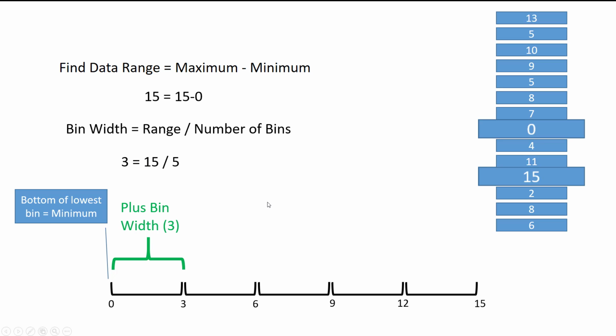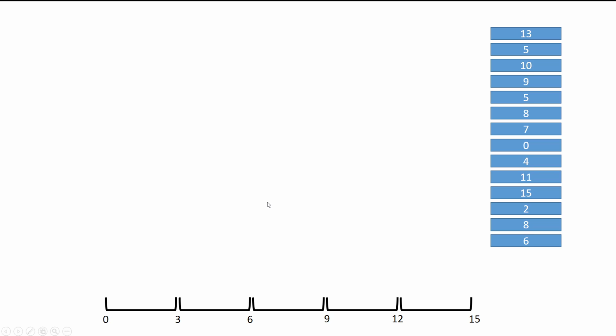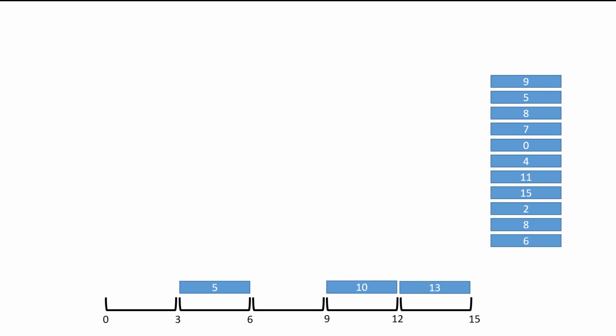Within these bins, now we're going to move all of our occurrences. We've set up our 5 bins here, and now we're just going to go down the list of occurrences, and if a value falls between 2 bins' limits, it goes in that bin. So 13 falls between 12 and 15, 5 between 3 and 6, 10 between 9 and 12.